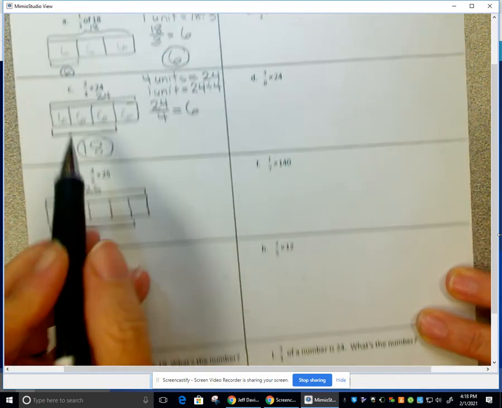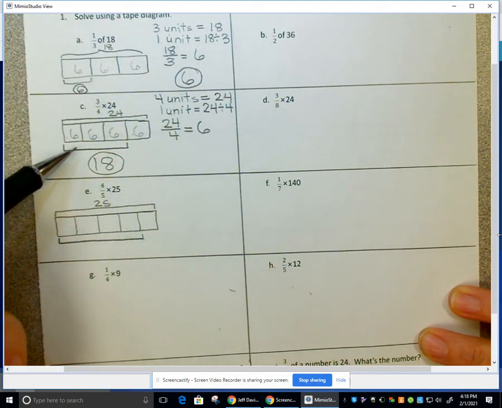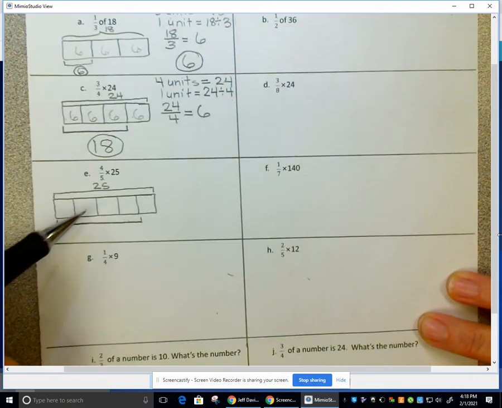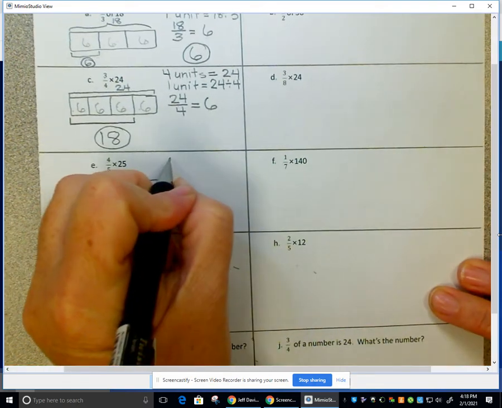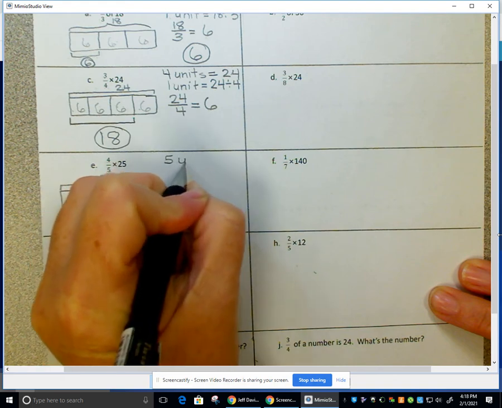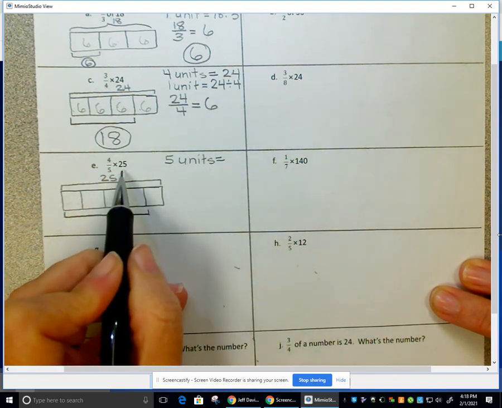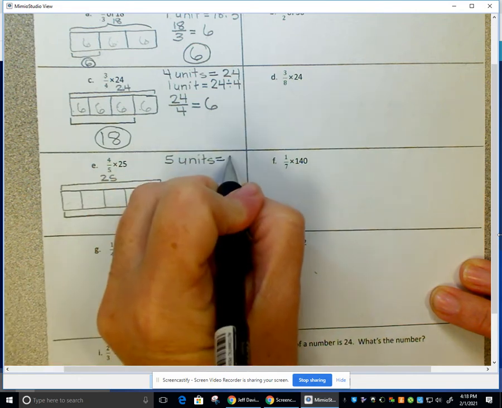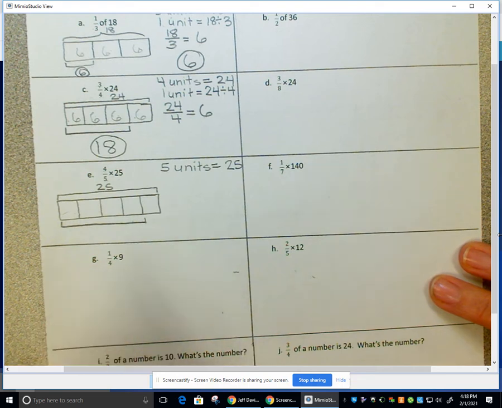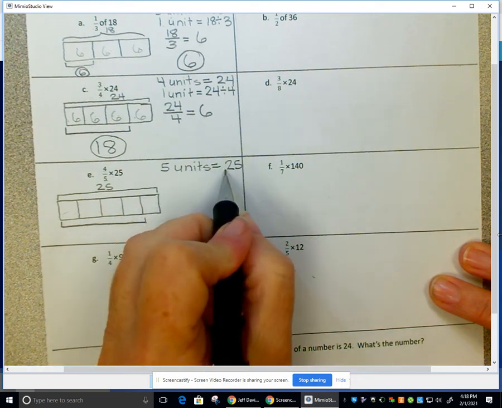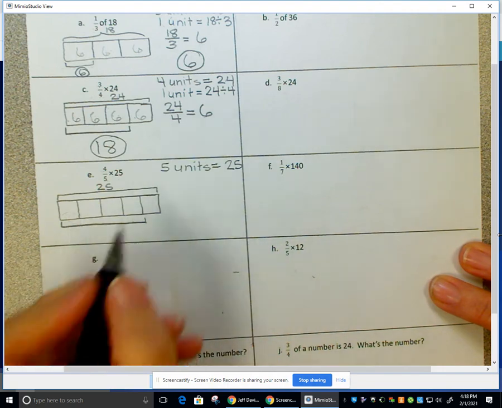So I've got, here we had 3 units, and that's how we started. Here I have 4 units, but this one has 5 units. So I'm going to say 5 units equals, and there's my total, 25. Okay? So if we know what 5 units are, now we can figure out what just 1 unit is.